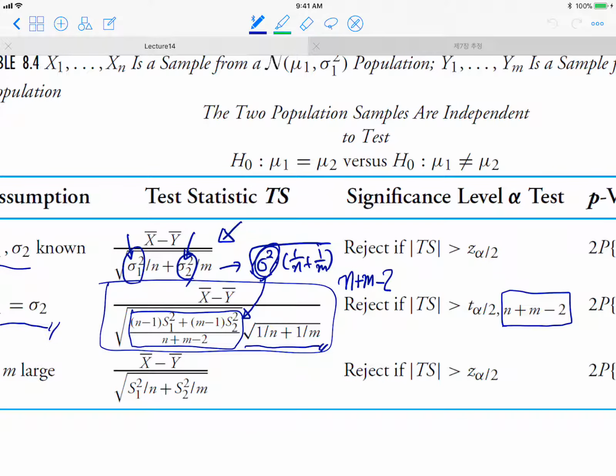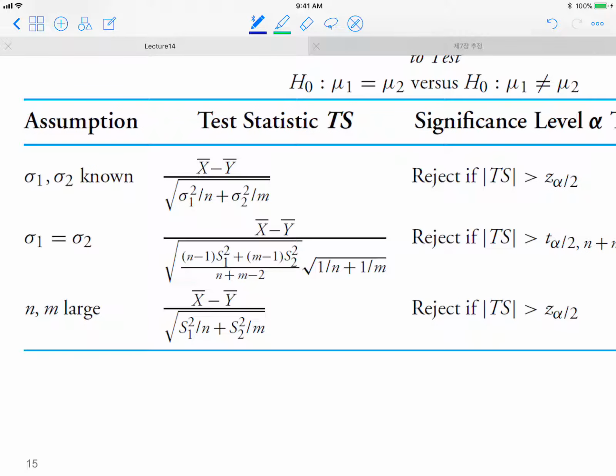So we already understood this, right? We just simply change these two by those two approximate estimates, and because n and m are really large, those two will be almost the same as these two values.